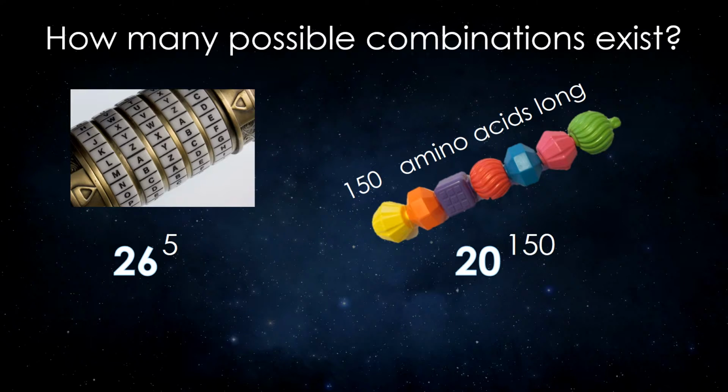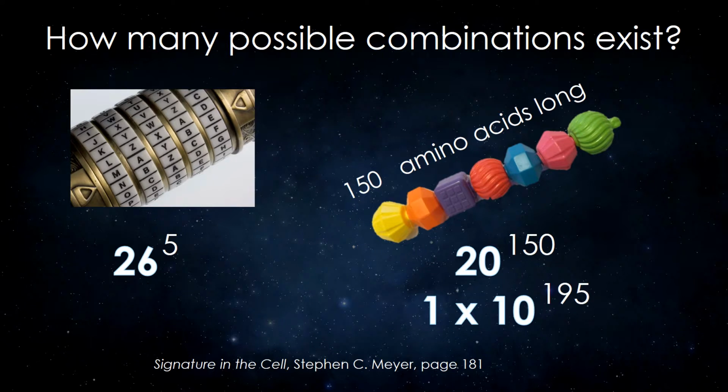Because the chain contains 150 amino acids, kind of like having 150 dials on a combination lock, we use 150 as the exponent. Another way to express the same number is 1 times 10 to the 195th power, or a 1 with 195 zeros after it, which is how we got this figure in the previous presentation.